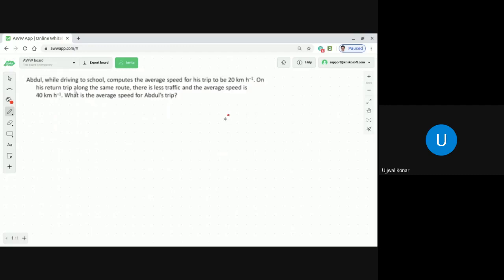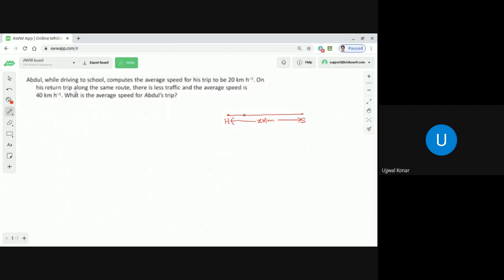Suppose this is home, and this is school. Correct? So from home to school, we do not know the distance. So let's assume the distance between home and school be x kilometer. Why kilometer? Because kilometer is the unit used in the question.